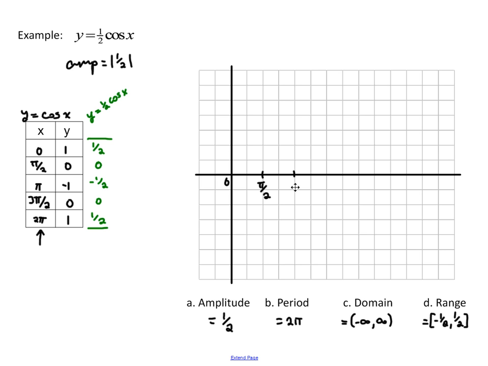Here's pi. Here's 3 pi over 2. And here's 2 pi. If we're to continue on in this vein, 5 pi over 2, 3 pi, 7 pi over 2, and then 4 pi would be next.